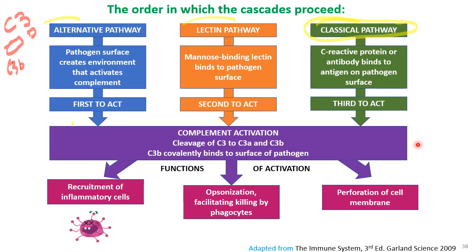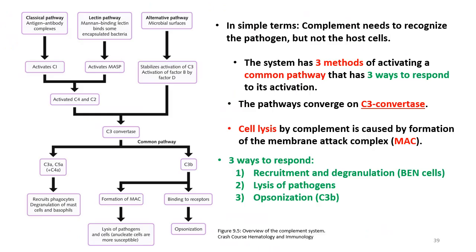The overall result of this activation of C3 from any of the pathways is that your pathogen is going to die, either by recruitment of the cells, or by phagocytosis, or by having holes punched in the membrane. It's going to get killed, hopefully.